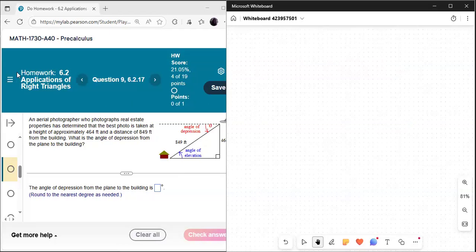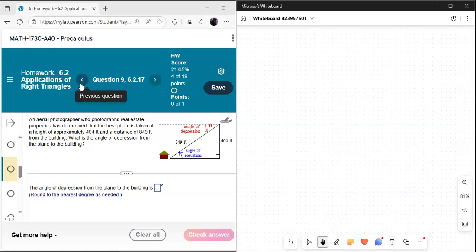An aerial photographer who photographs real estate properties has determined that the best photo is taken at a height of approximately 464 feet and a distance of 849 feet from the building. What is the angle of depression?